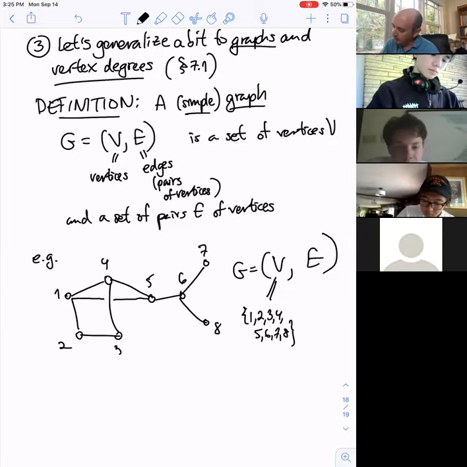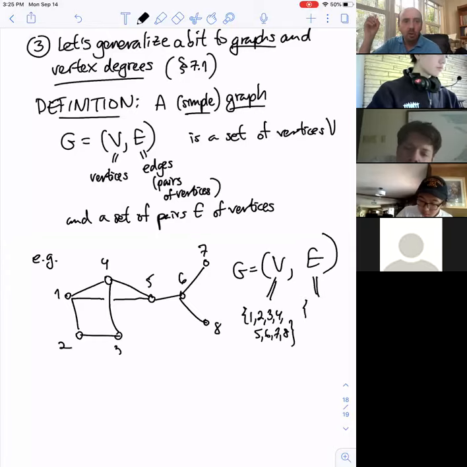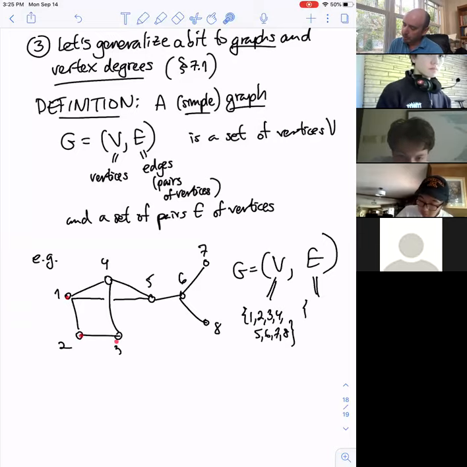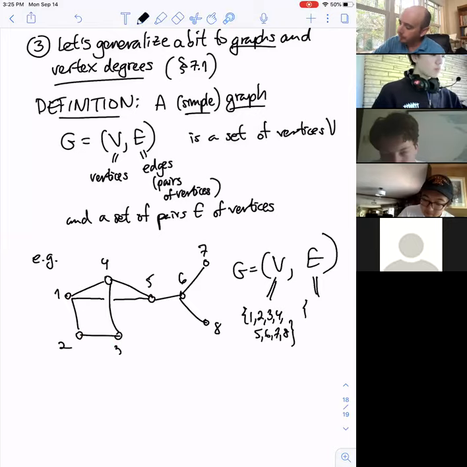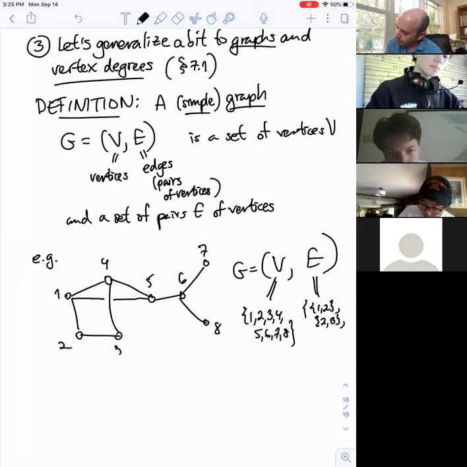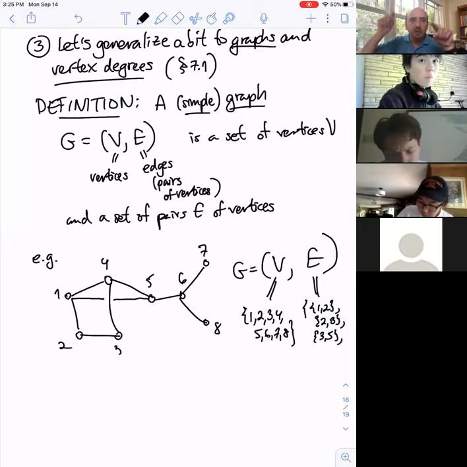And then the edge set here is a whole bunch of these unordered pairs, 1, 2, 2, 3, 1, 5. So it's the pairs where you see an edge there. And so I'll start writing 1, 2, 2, 3, 3, 5. But then I'm going to get tired of writing all those curly braces.